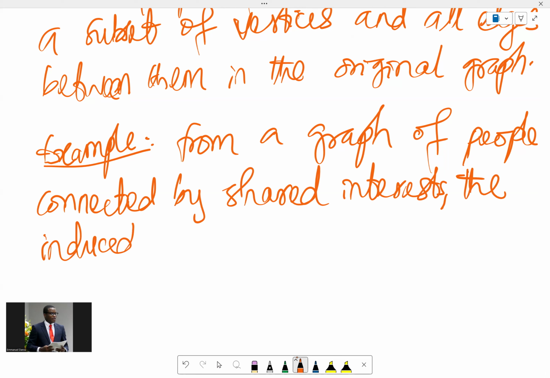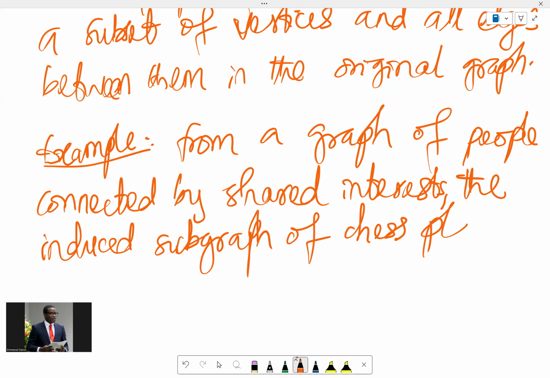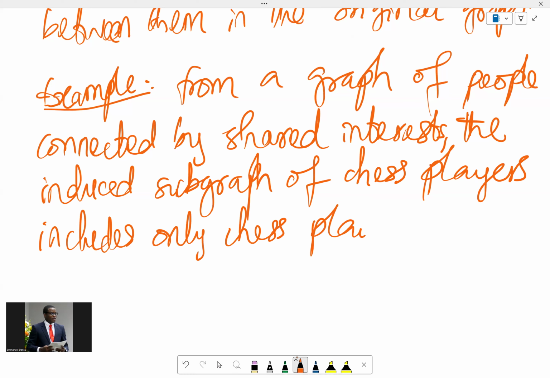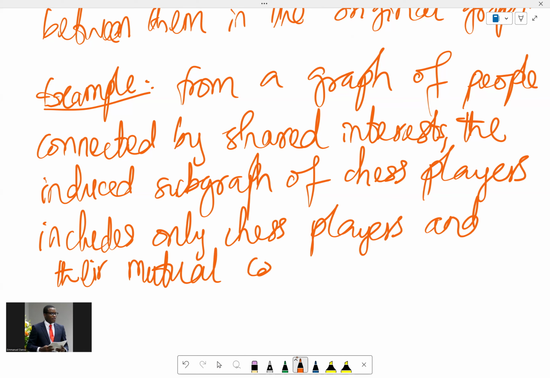The induced subgraph of chess players includes only chess players and their mutual connections.